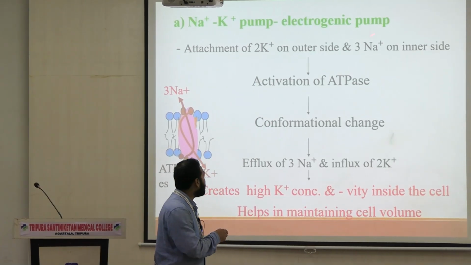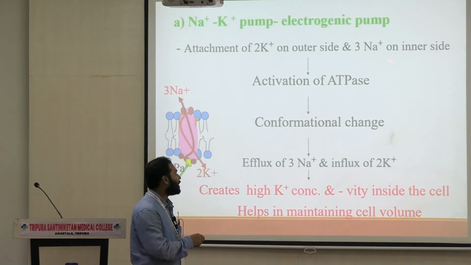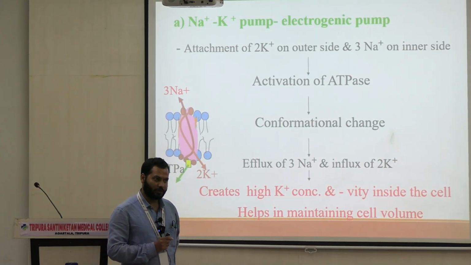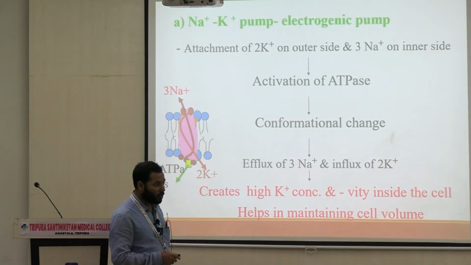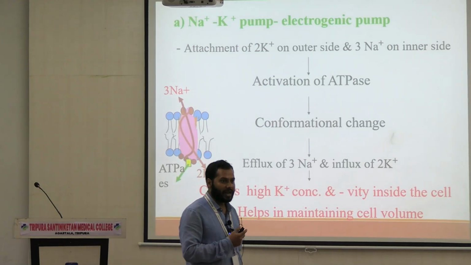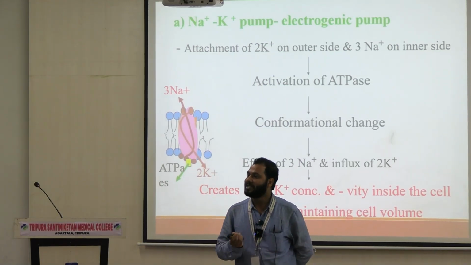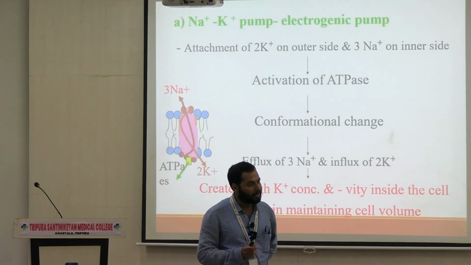On the other hand, 3 sodium ions can bind to the inner pocket of this exchange pump. So during sodium-potassium exchange, both the sodium and potassium ion bind in specific positions of that pump.